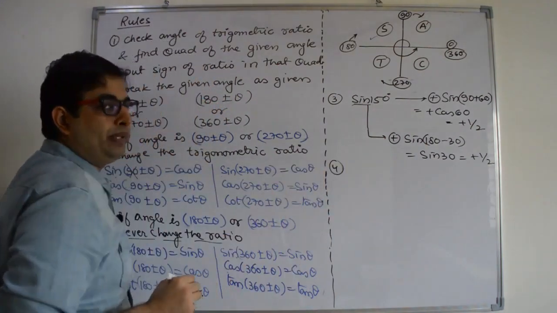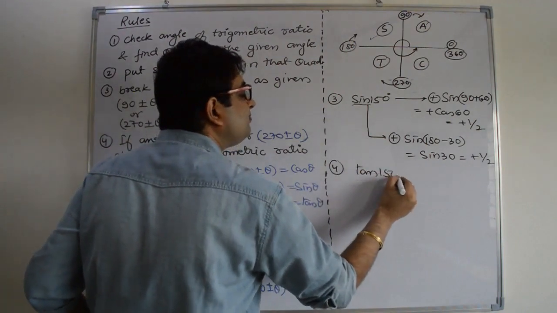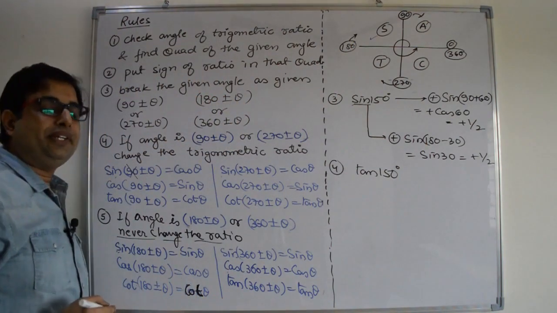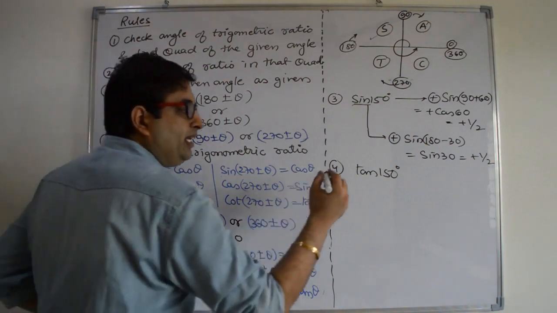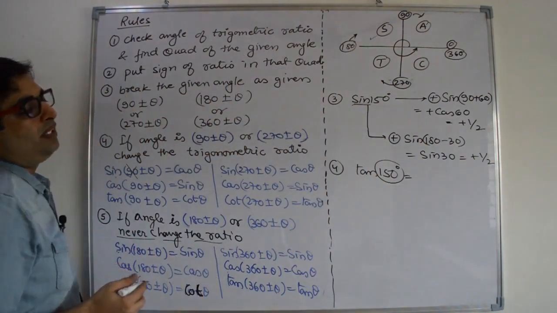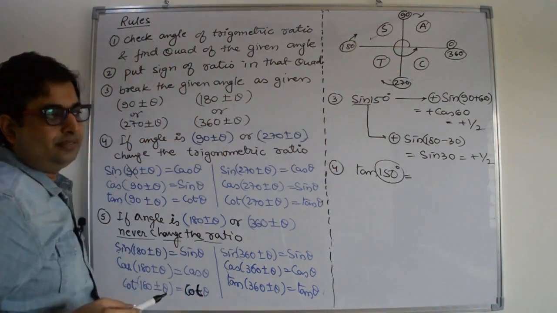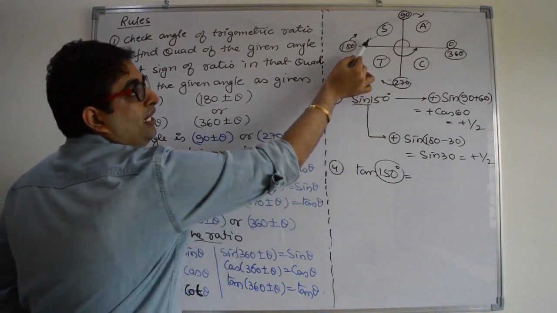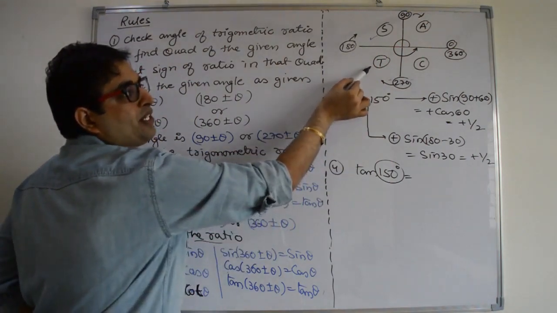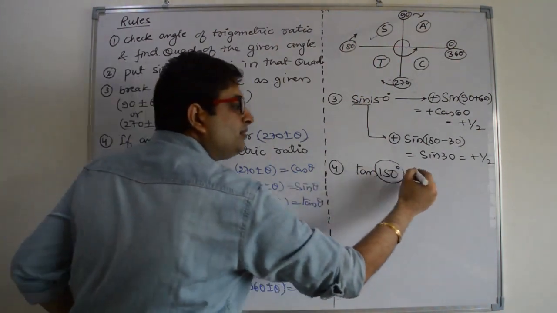Fourth example, let us take tan 150. Right? Tan 150. First check the angle 150. Quadrant second. In third quadrant tan is positive, but in second quadrant tan is negative. Break it.